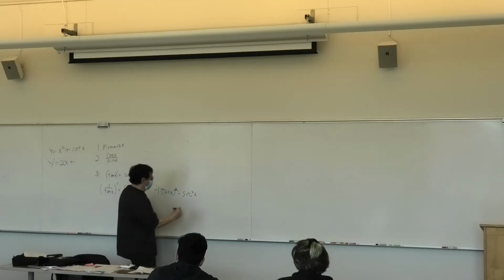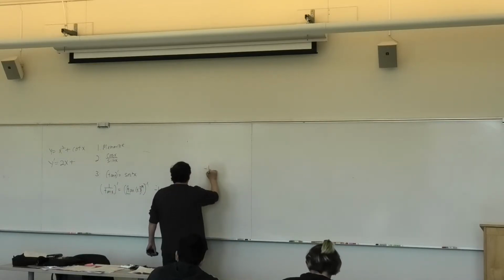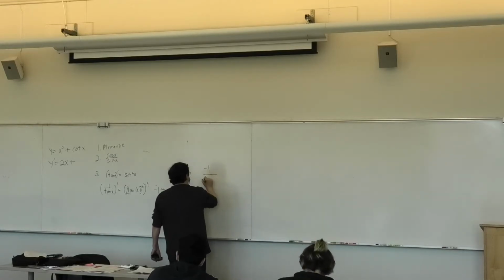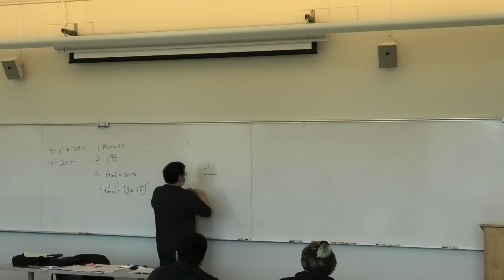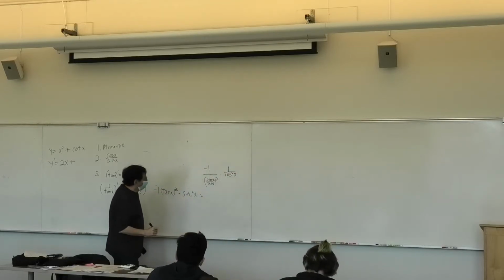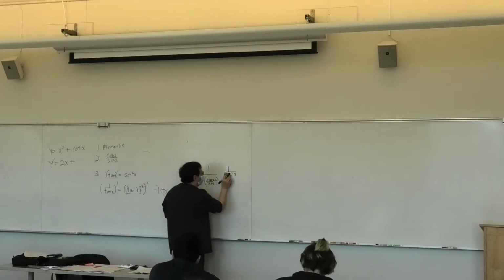What's that? Negative 1 over, I gotta write this out. Sine of x, cosine of x squared times 1 over cosine squared x. No, 1 over sine squared x.